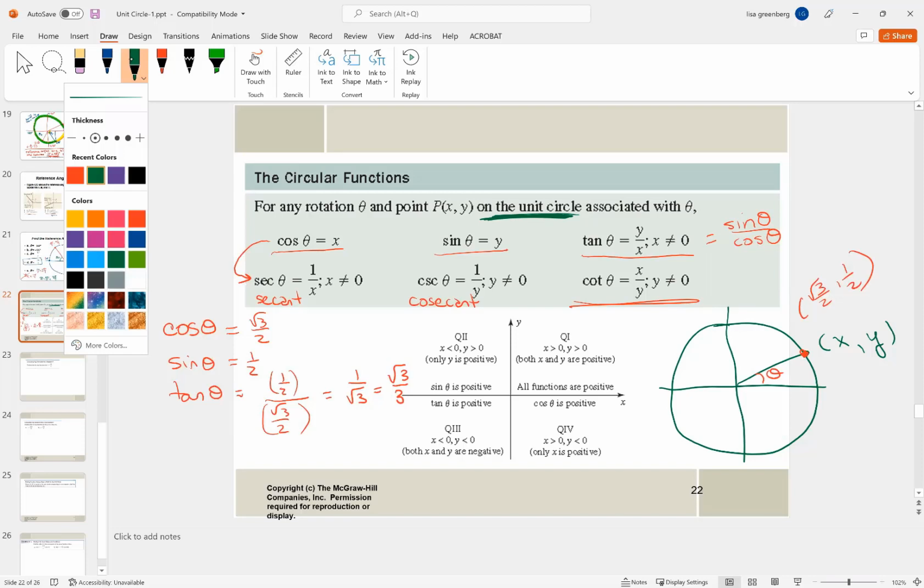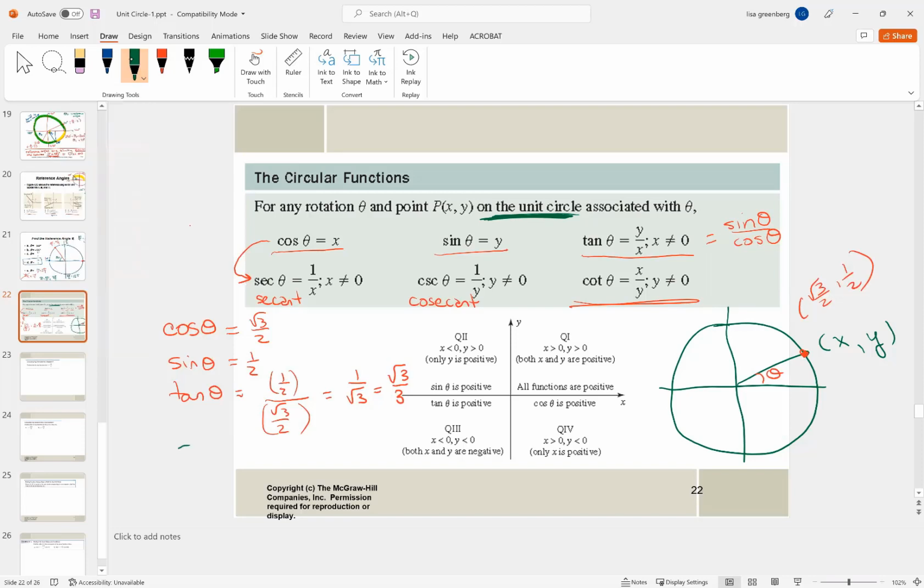So for example, here, if I wanted to know what the secant of theta is, well, the cosine of theta is the square root of 3 over 2, so the secant is 2 over the square root of 3. I can rationalize this, and it becomes 2 times the square root of 3 over 3.